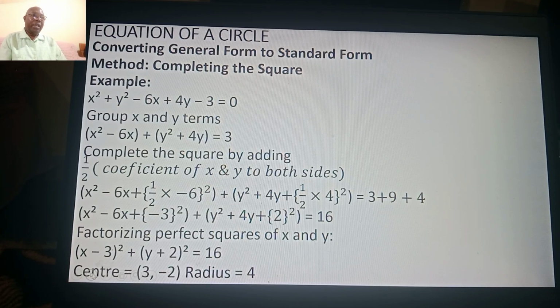So our example is x squared plus y squared minus 6x plus 4y minus 3 is equal to 0. This is a general form of an equation of a circle. So the first thing we do is we group x and y terms.